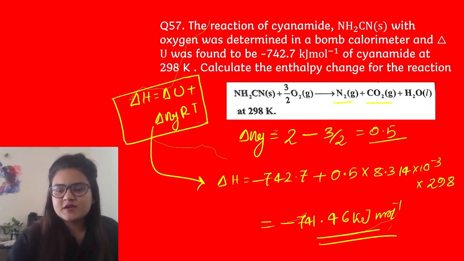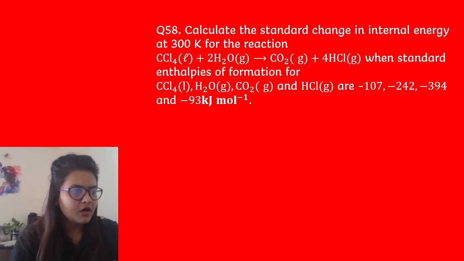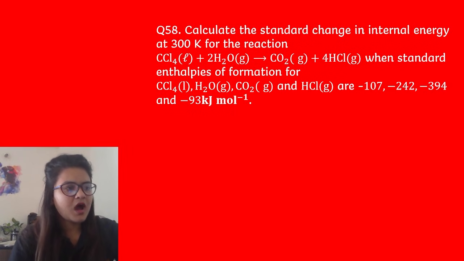Okay, let's proceed. One more numerical. Calculate the standard change in internal energy at 300 Kelvin for this reaction, when standard enthalpies of formation of CCl4, H2O, CO2 and HCl are given. So for this case, how should we proceed with the problem?